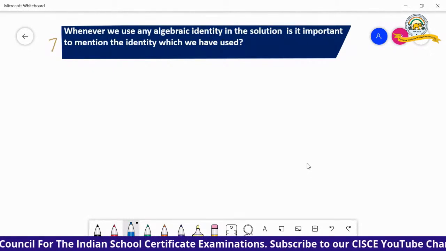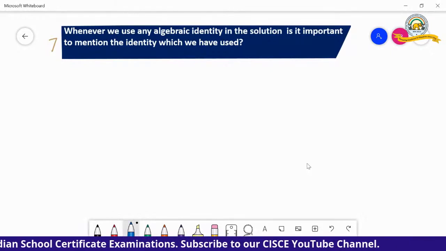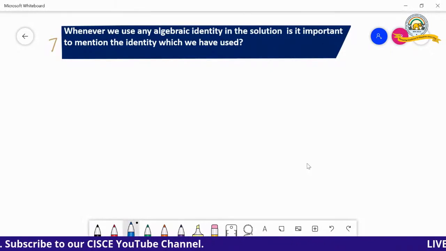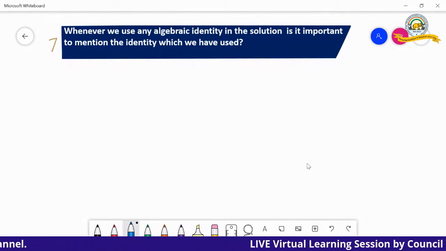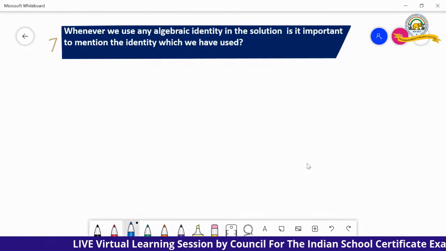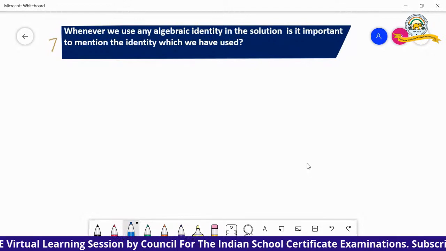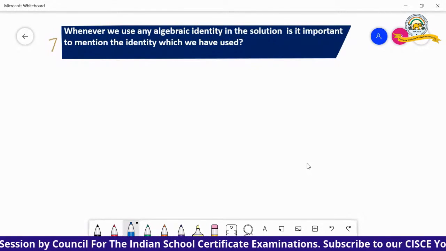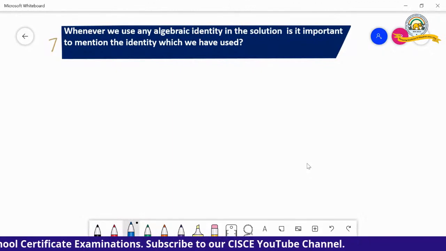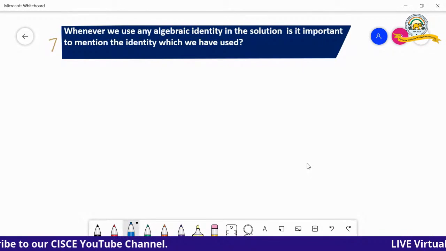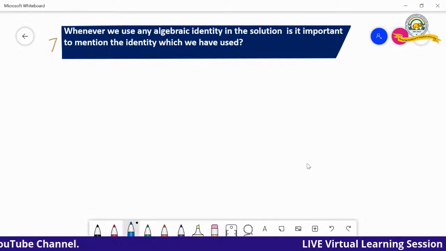Second of all, it's right in front of you. Like we saw when we were using our a cube plus b cube formula or a cube minus b cube formula, since I've written it down, I'm able to tally it with my trigonometric functions and see how we can apply it. So it's better that you write it down each time, whatever you are using. And at least when you're practicing at home, make sure you always write it down. Then you don't even have to think what the formula is and how to apply it.